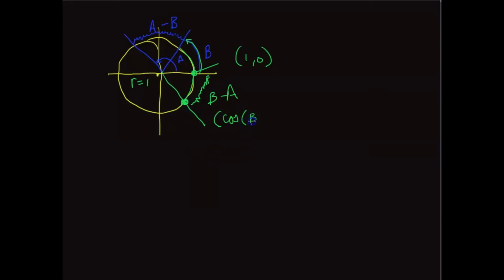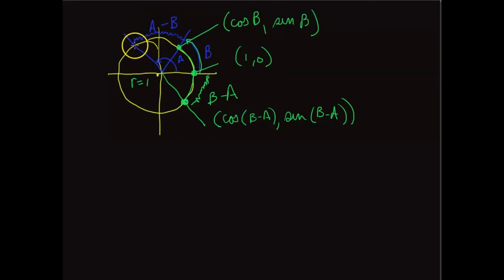So this is the point cosine of B minus A, comma, sine of B minus A. And this is angle B, so this is the cosine of B and the sine of B. And this is angle A, so this is the point cosine A, comma, sine A. On the unit circle, because r is 1, it's just x; x over r is still x. Okay. Now we're going to look at distances.